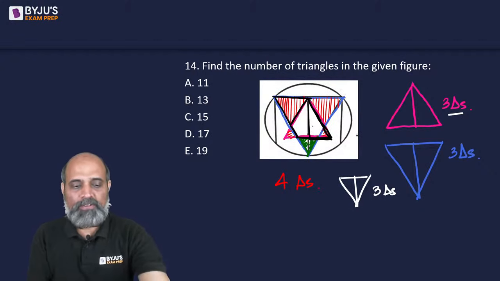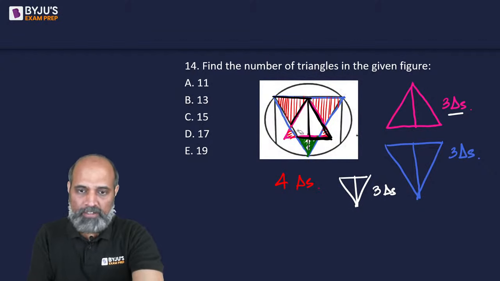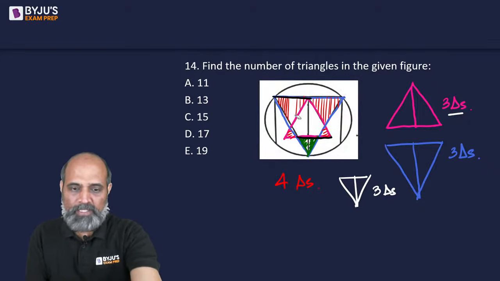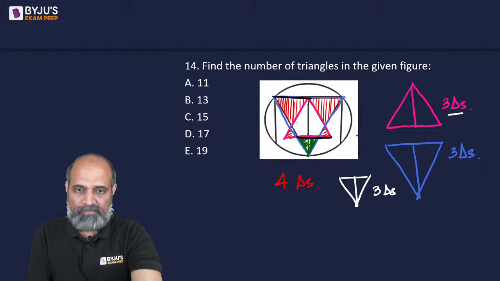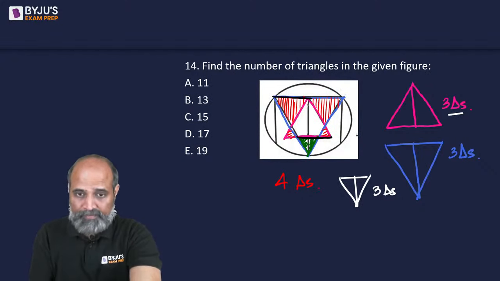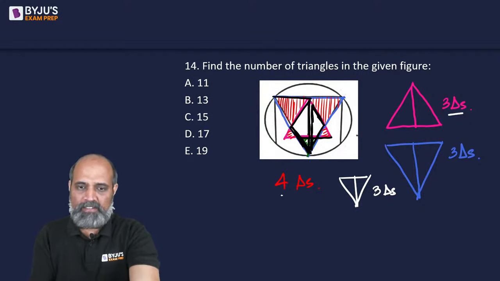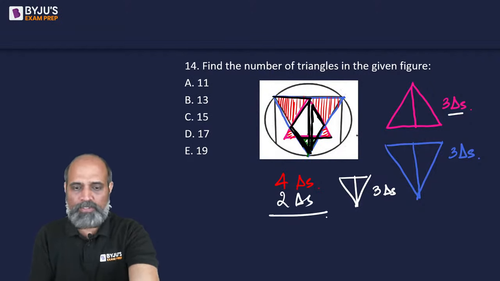Okay. Got it. ठीक है, वो बताना चाह रहे हो. This is one triangle and this is another one. So लोगों ने 15 बोला था तो कुछ तो कारण रहा होगा. Did anybody say 17? 2 triangles more.